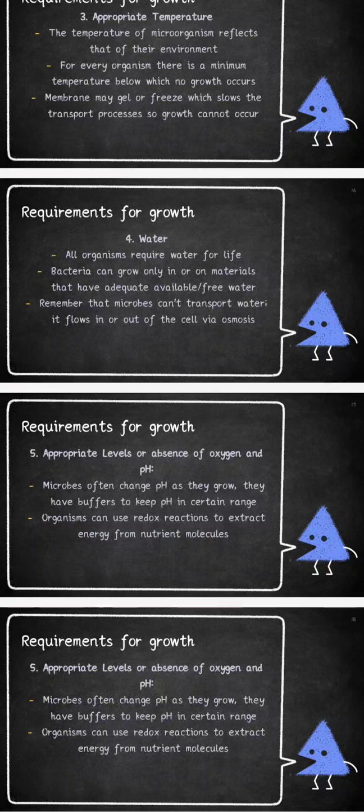For example, acidophiles will grow at low pH. Examples of acidophiles would be fungi. Some bacteria are obligate acidophiles. They are unable to grow at pH of 7. Acidophiles, from the word acid, grow at a pH lower than 7.